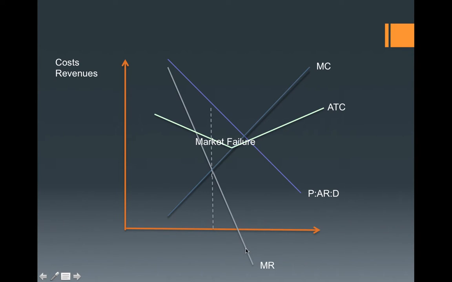Next, what is the price going to be? Along this curve, if we keep drawing that line up, it would intersect right there, and that's going to be our price. We could write P here, or we could just note that this is the price. And so here we've got our price and our average revenue.